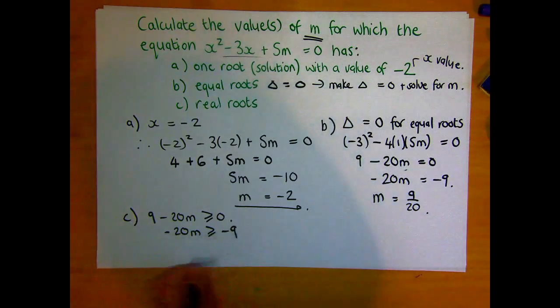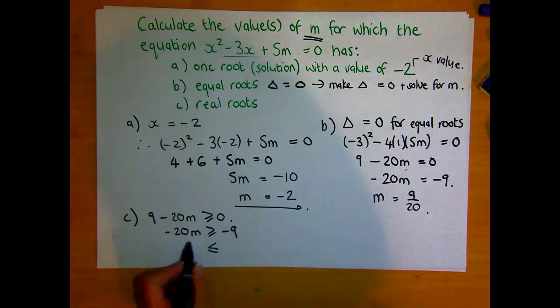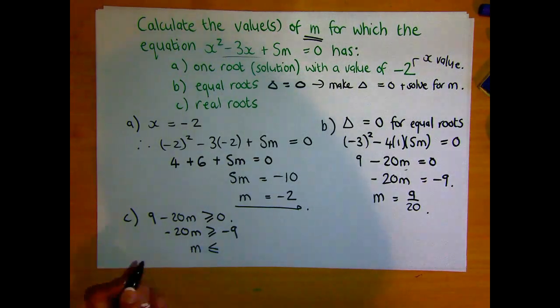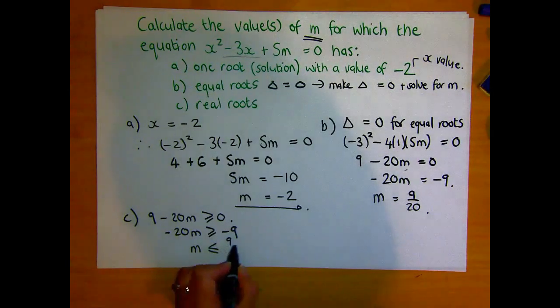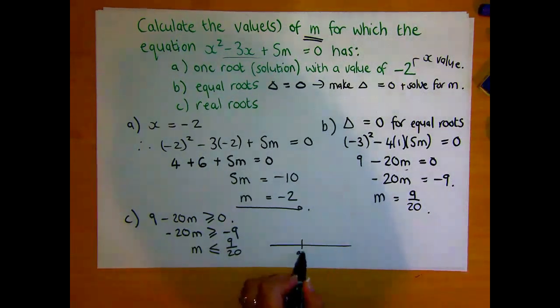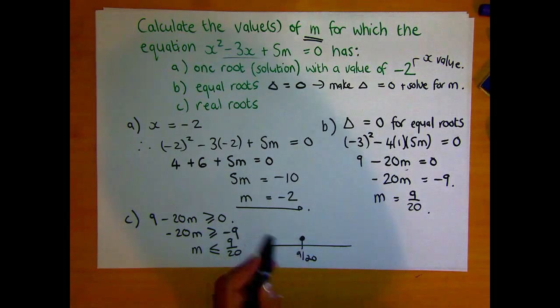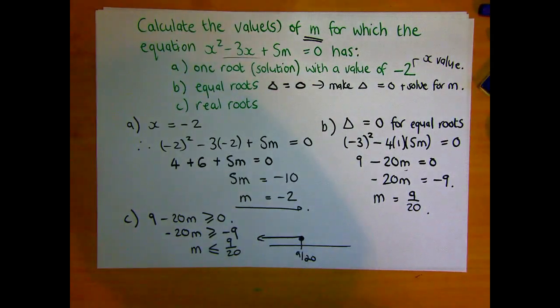Now I'm going to divide through by negative 1, like in the previous example. So I'm going to have to change that sign around, and I'm going to have m is less than or equal to 9 over 20, because I've divided through by the negative. So that means m's on a number line. So if I have 9 over 20 there, we just know that m is anything less than or equal to, so it's a solid dot, 9 over 20.